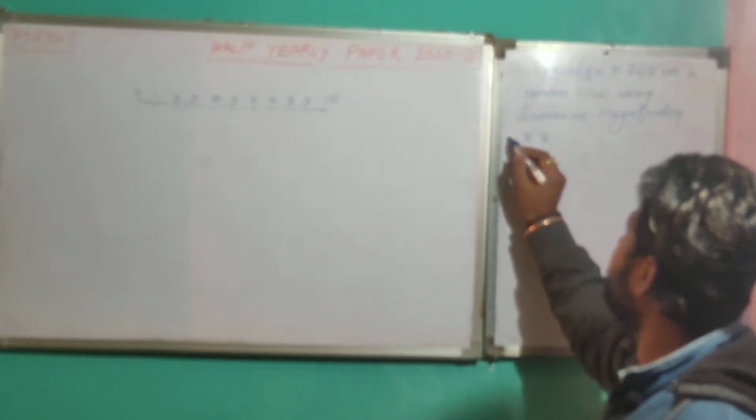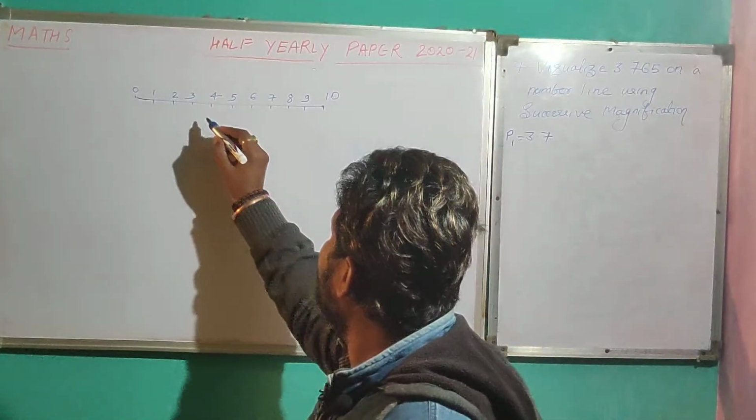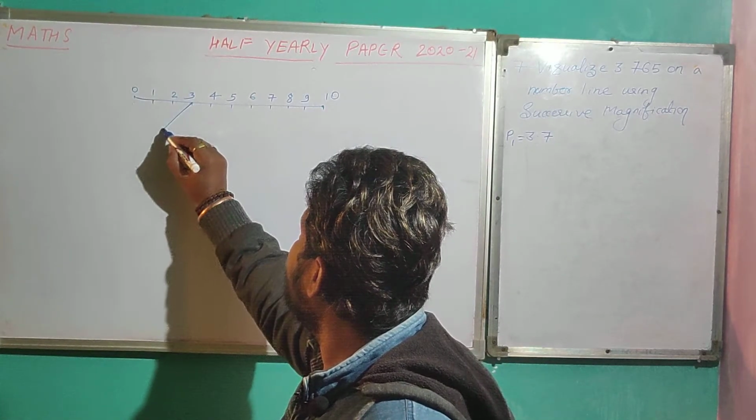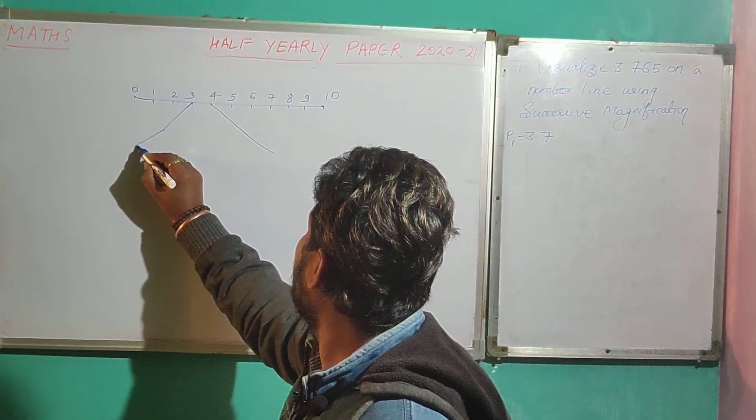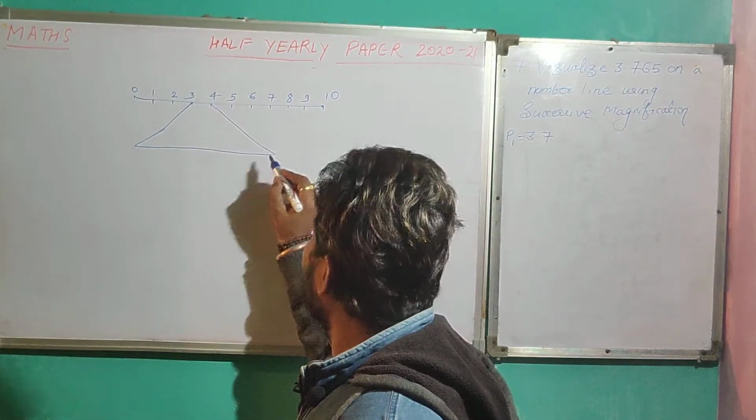So first we will find out 3.7. First we will find this point 3.7. So take this line, points 3 and 4, and connect it.